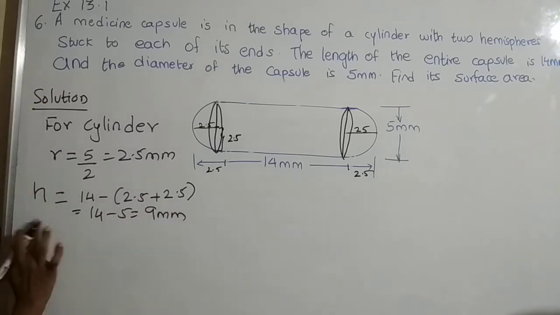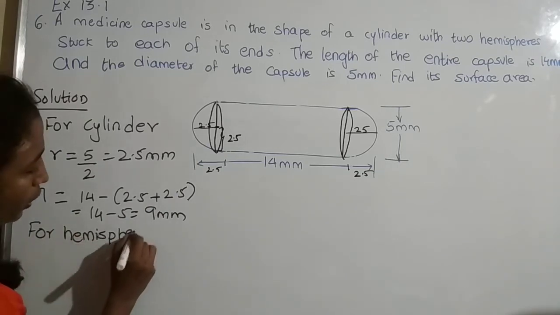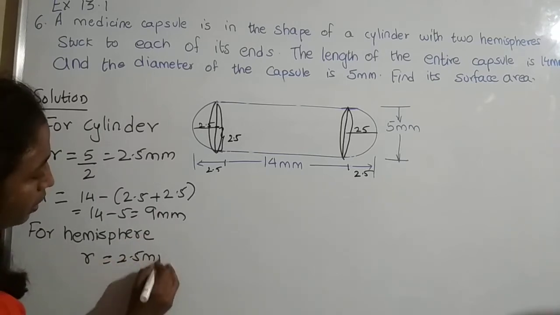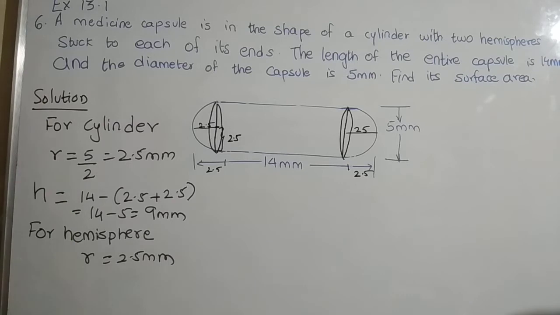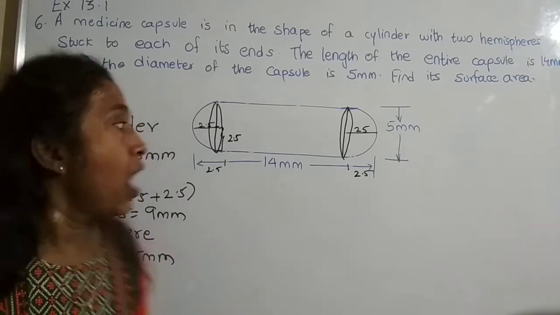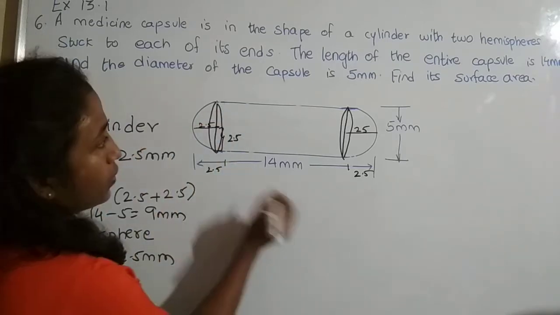So we know R, we know H. Similarly for the hemisphere, we require only R, and this R is 2.5 millimeter. R is the same for both, so we have denoted it by R. The radius and the height of the hemisphere remain the same. So let's go to the problem.